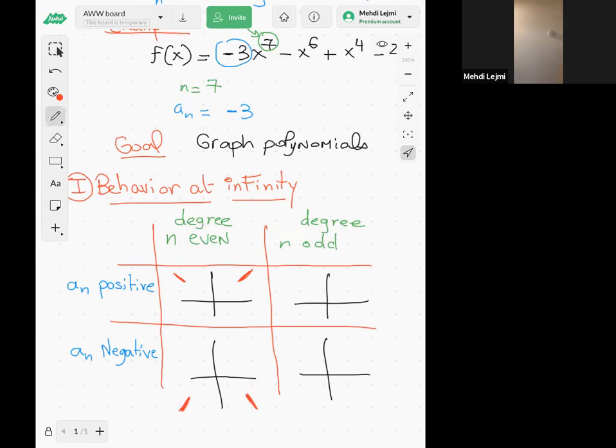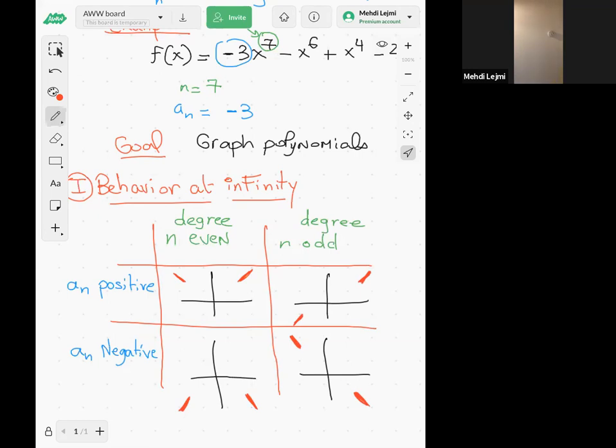When degree n is odd and the leading coefficient is positive, we're going to be here at positive infinity and here at negative infinity. In the last case, degree n is odd and the leading coefficient is negative, we're going to have the following situation here.